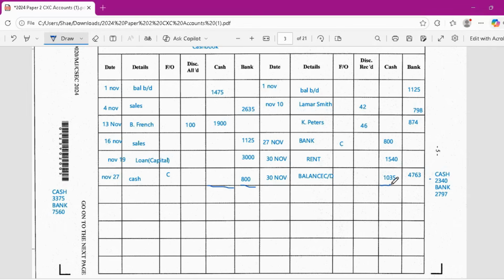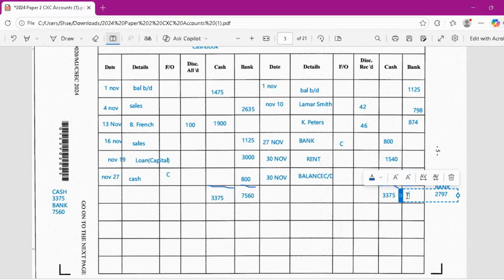So both sides will be equal now. Our debit side for cash is 3,375 and so is our credit side. And our bank side debit is 7,560 and so is our credit side.